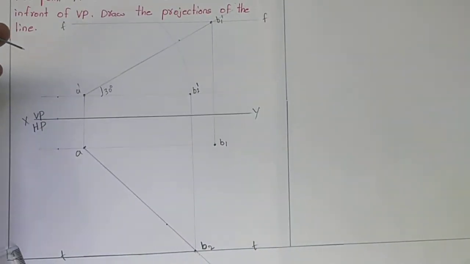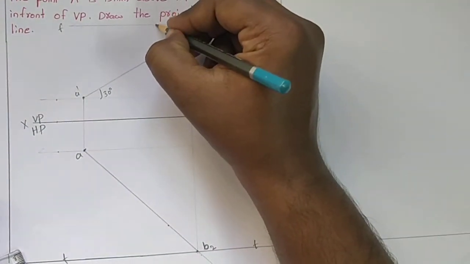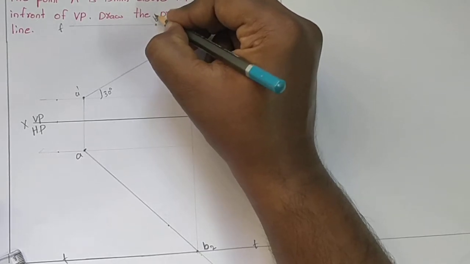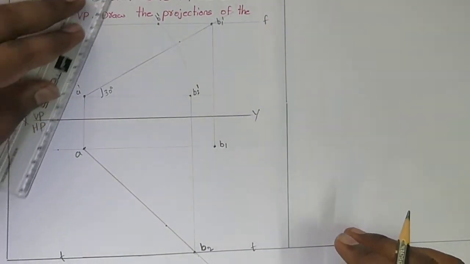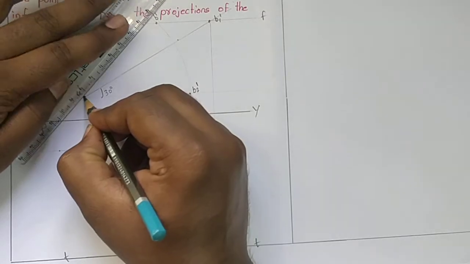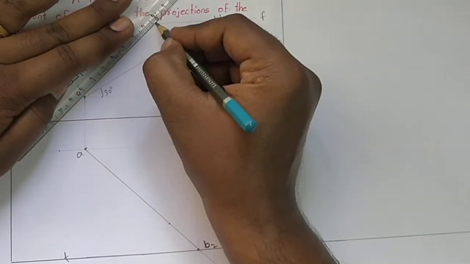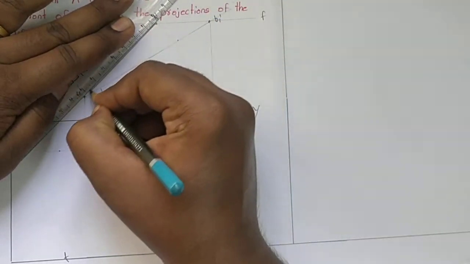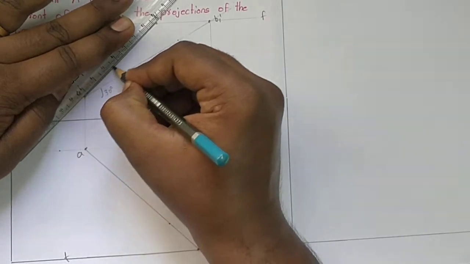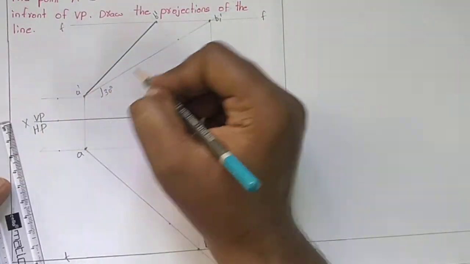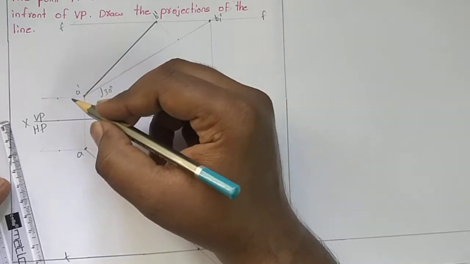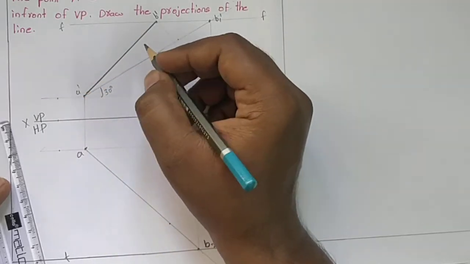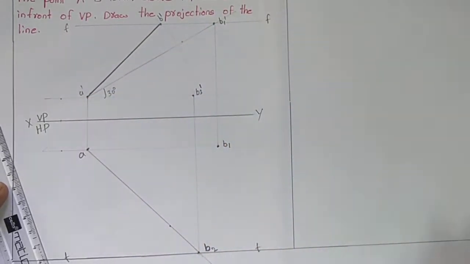We got one point, and that point is known as B dash. It is the final end point of the line. A dash B dash is the front view. We need to highlight, that means draw thick, A dash and B dash. It is the front view.